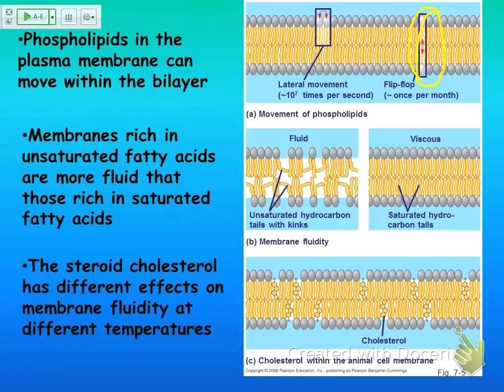Okay, and that can affect the overall shape of the fatty acid, and so you can get these kinks in the tails. Depending on the more unsaturated fatty acids there are on that phospholipid, the more fluid the membrane. The more saturated fats, the more solid or viscous, thicker the membrane is.